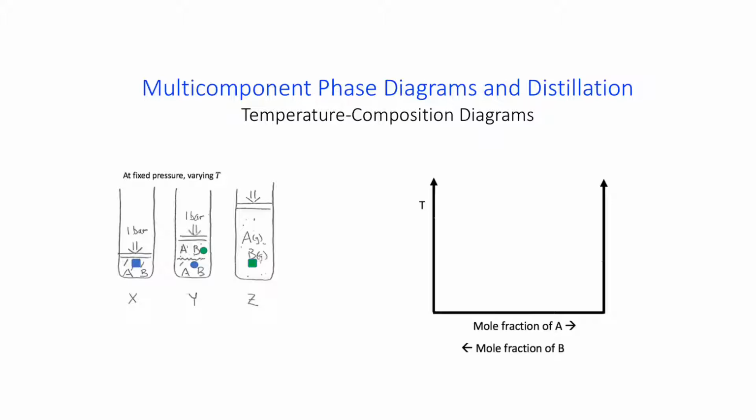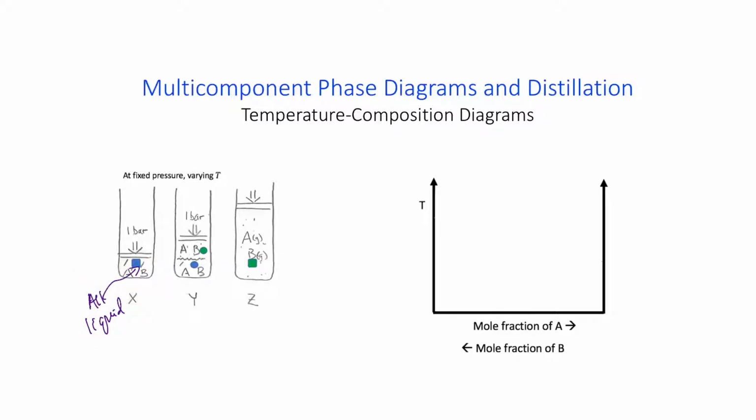The blue square here indicates, or I should say maybe not pure liquid since we have a mixture, but let's just say that that is all liquid. So everything in our mixture under situation X is going to be all liquid phase.